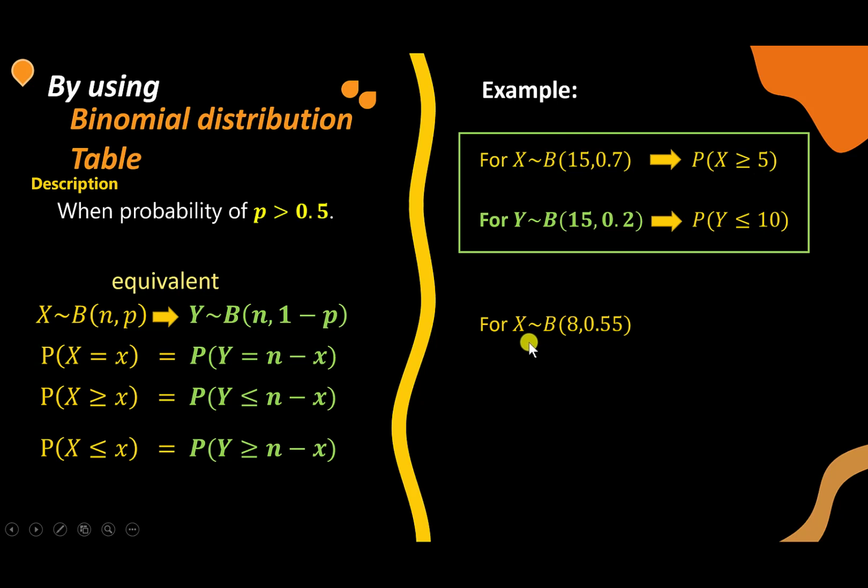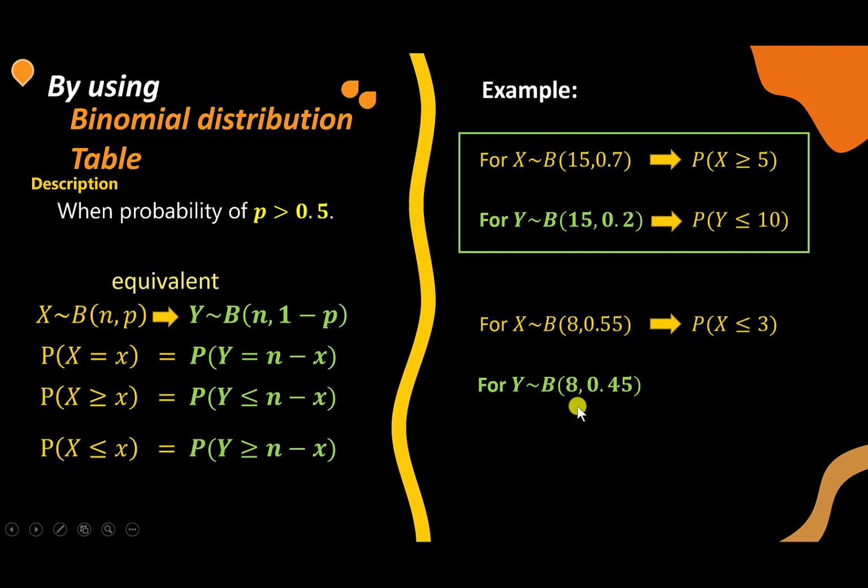Okay, another example. X is binomially distributed with N 8 and P is 0.55. Let's say the question asks the probability X less equal than 3. So we have to change into the Y random variable since the probability P is greater than 0.5.